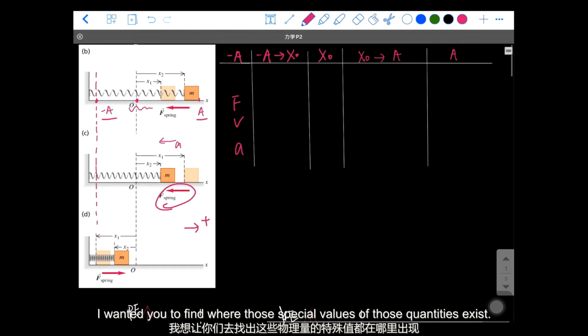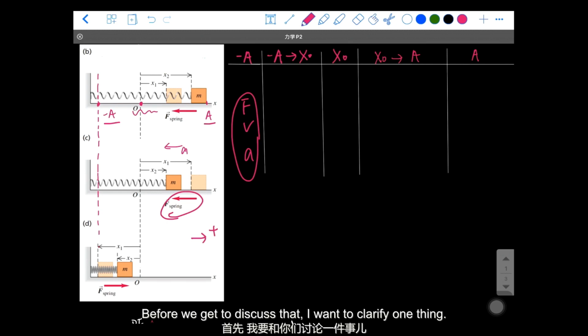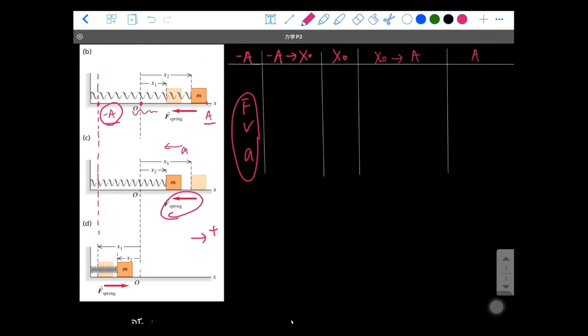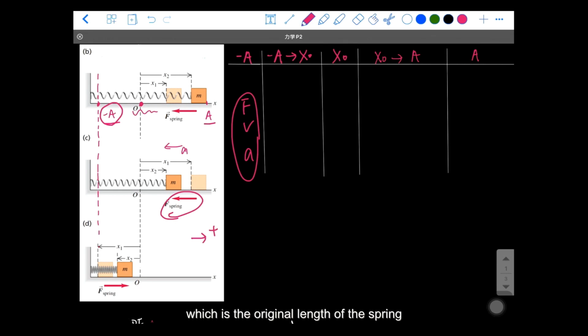I want you to find specific values of those quantities, I mean, where their special values exist. Before we discuss that, I need to clarify one thing. The maximum compression of this spring, we will just call it minus A, relative to the zero point that we set, which is the original length of the spring.